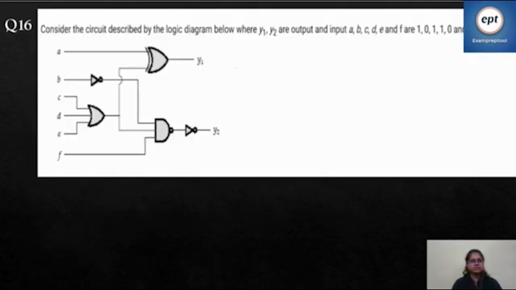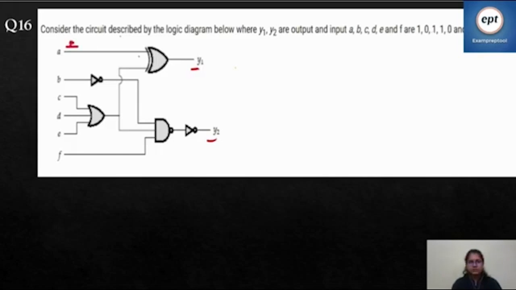Consider the circuit described by the logic diagram given below, which has outputs y1, y2. The inputs are A, B, C, D, E, F. For A, the value is 1.